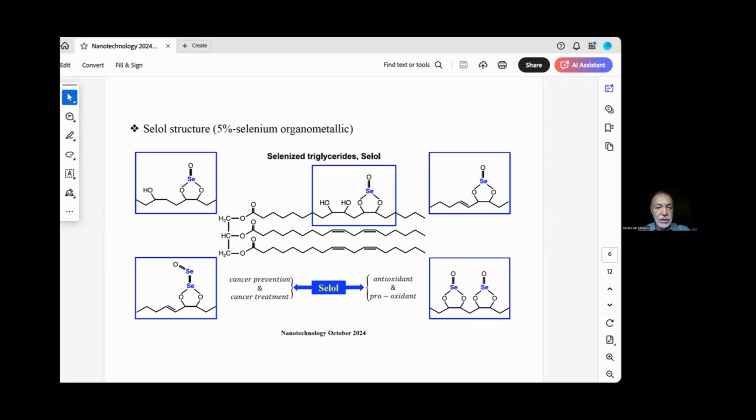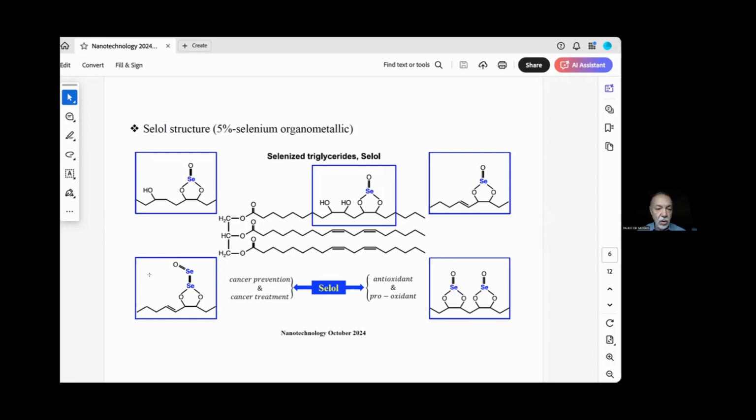In this slide, you can see a triglyceride, and it includes selenium in one chain. It could be this kind of structure, with 2 hydroxyl groups or only 1 hydroxyl group next to the selenium, or no hydroxyl group next to the selenium site.